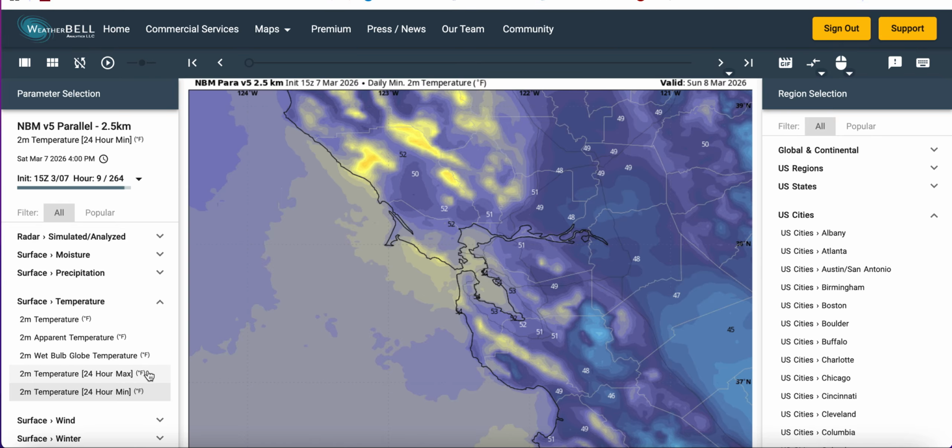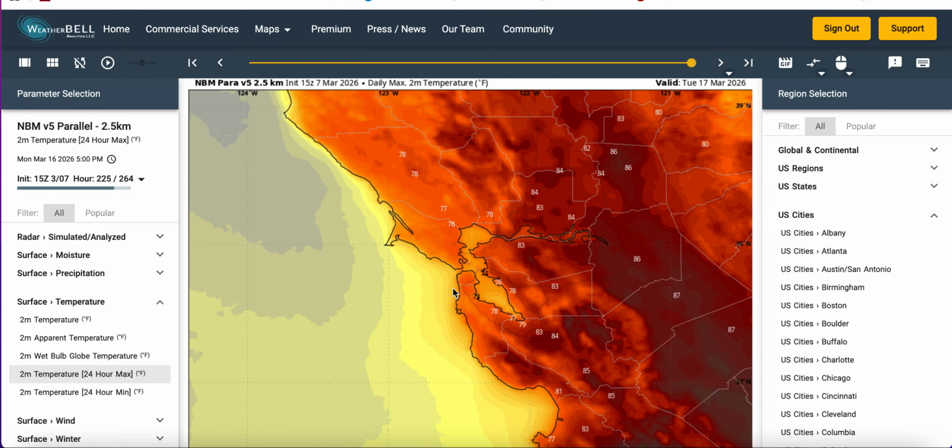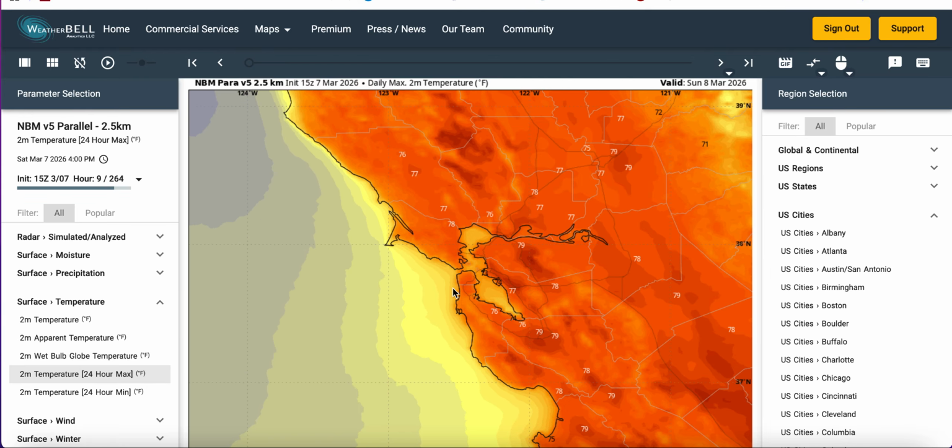So let's just look at this model for the highs tomorrow as well, today and tomorrow, and it's a similar kind of, oh sorry, that's not today, that's way out. But tomorrow, look at this. I think both today and tomorrow will be similar in terms of highs. And this is even showing about 80 degrees for some spots here, like Concord, I think Livermore, San Jose.